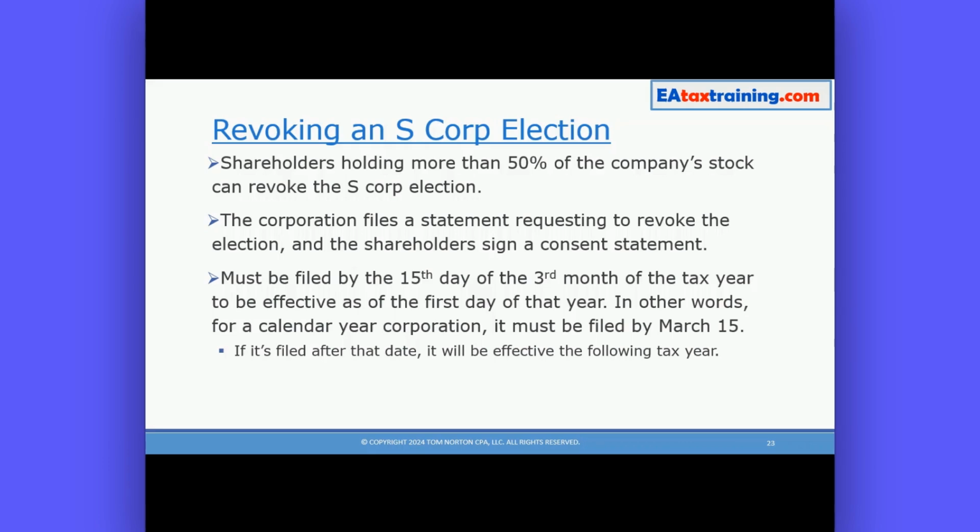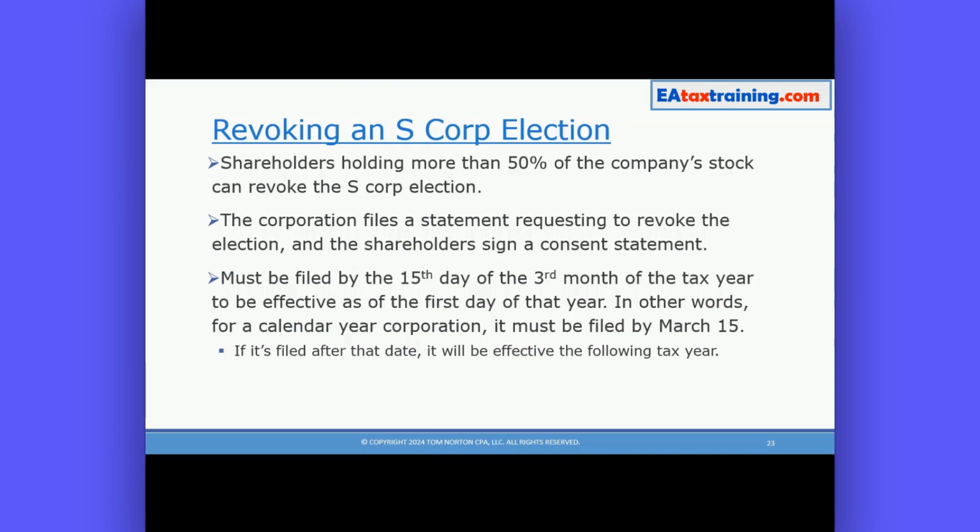So you will want to remember that to make the election, it has to be 100% of the shareholders. To revoke the election, it has to be more than 50% of the stock. Those shareholders have to agree in order to revoke the election. In order to revoke, the corporation files a statement requesting to revoke, and the shareholders sign a consent statement.